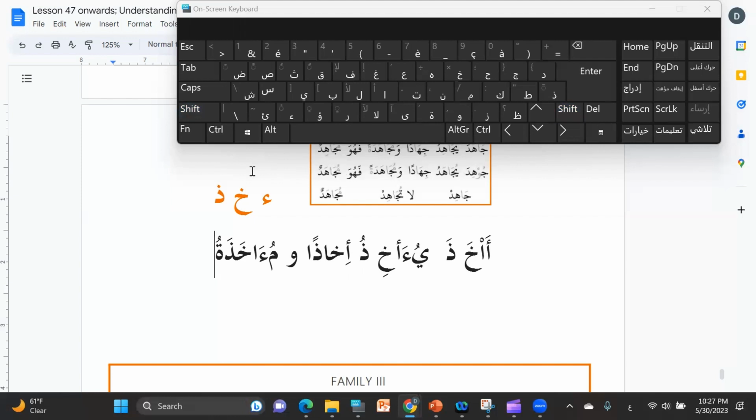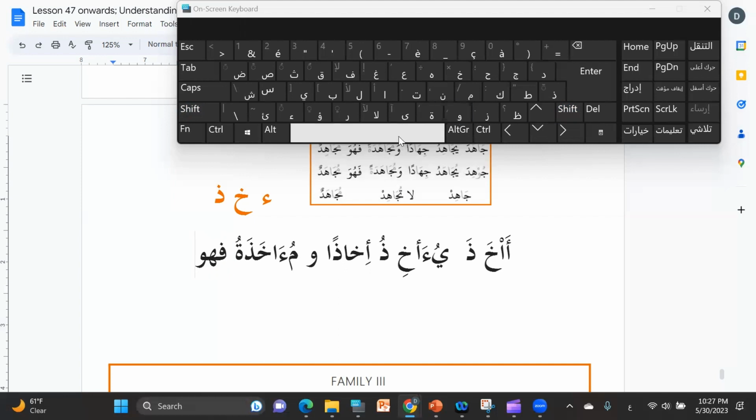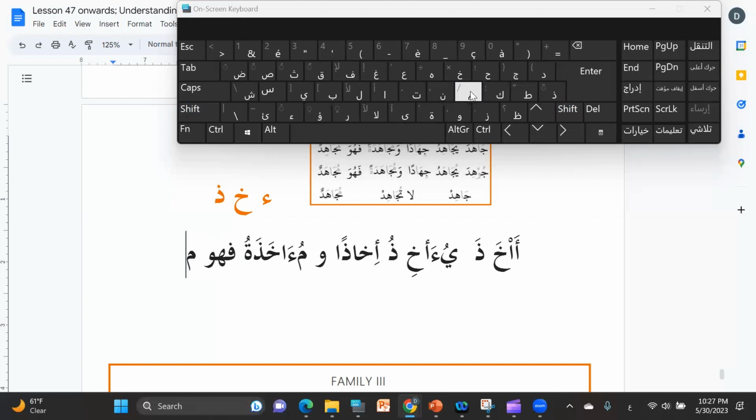Fahuwa mufa'ilun, mujahidun, on the pattern of mujahidun.